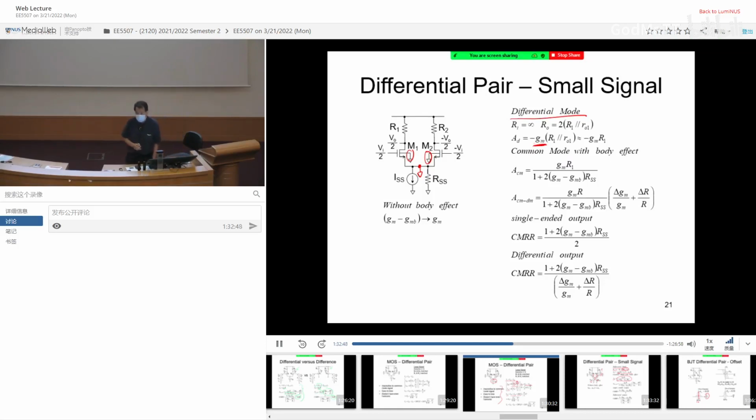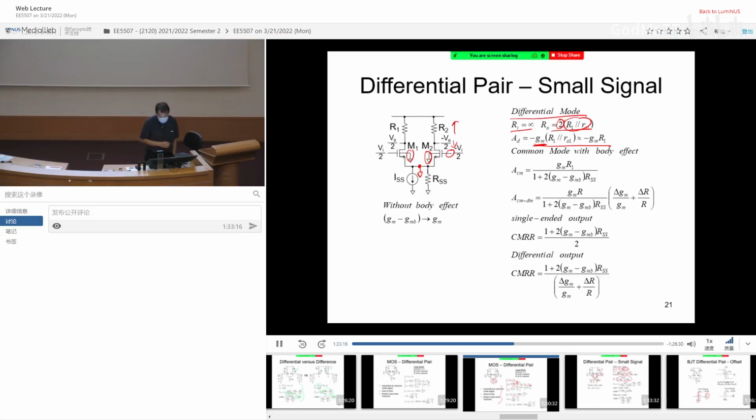It's actually GM, because of this virtual ground concept. This is the differential gain, exactly the same as a common source amplifier. Input resistance is infinite because the gate always has infinite resistance. Output resistance is looking up R2, looking down r_o2, so the two in parallel, and you multiply by 2 because of the half circuit concept.